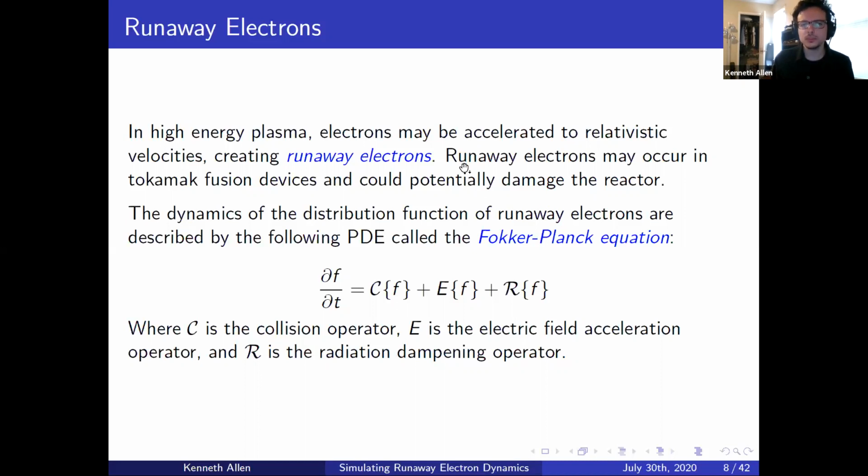What can happen is that an electron, or electrons, can be accelerated to relativistic velocities, and that's what we call a runaway electron. And they could actually damage the reactor. The reactors are so expensive, in this case the one I showed was $20 billion, that it would be very bad if these runaway electrons damaged this device.